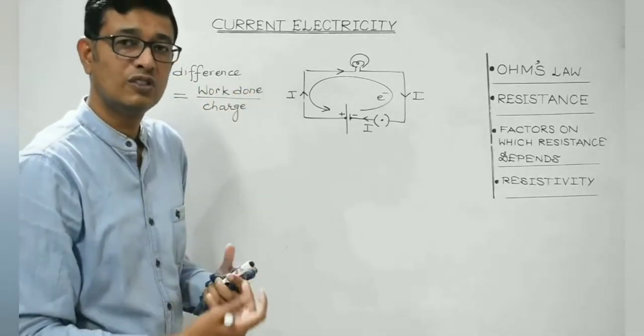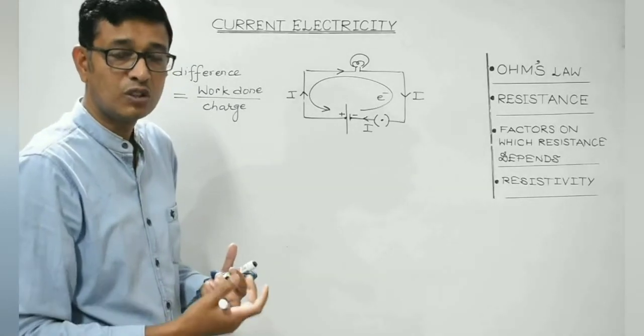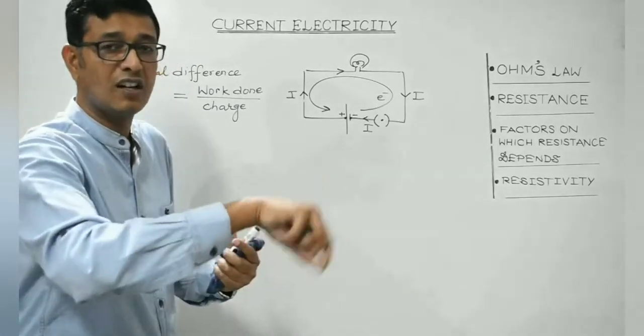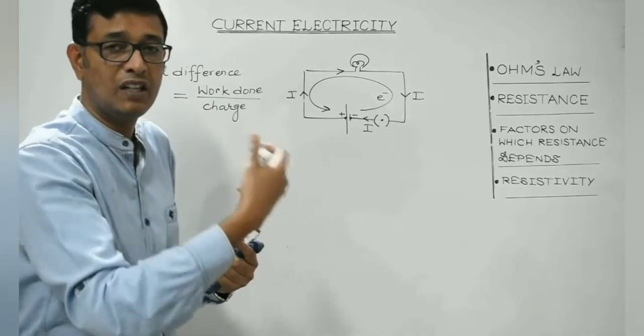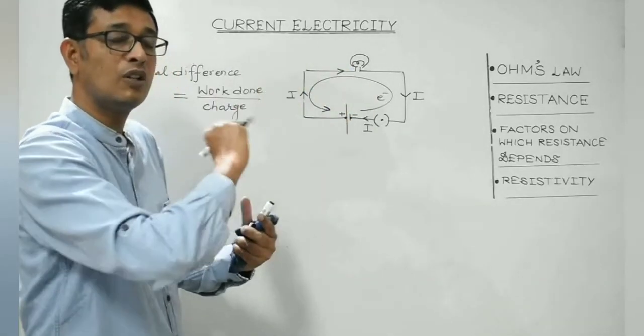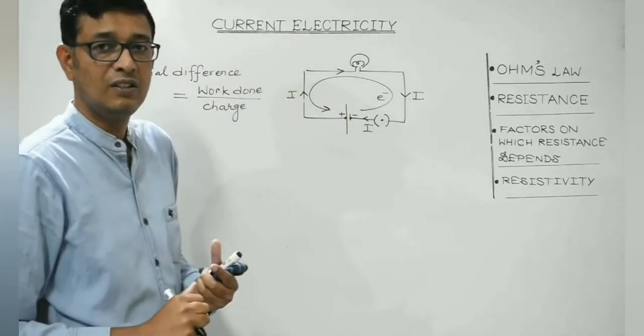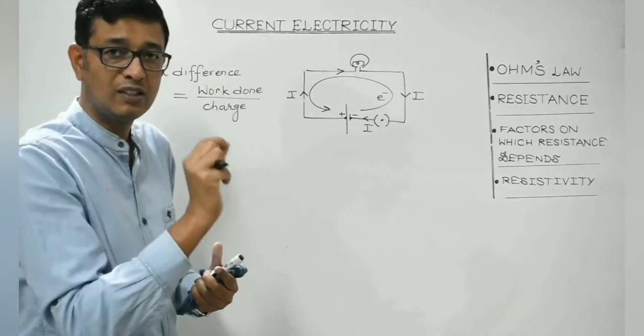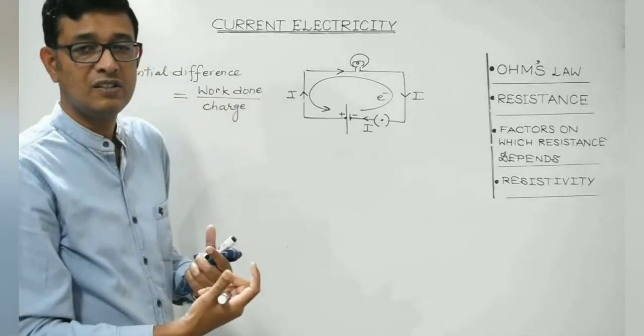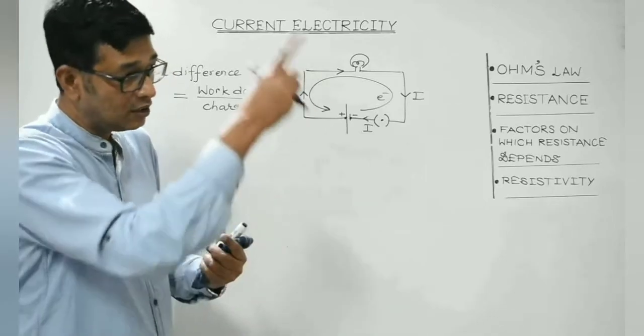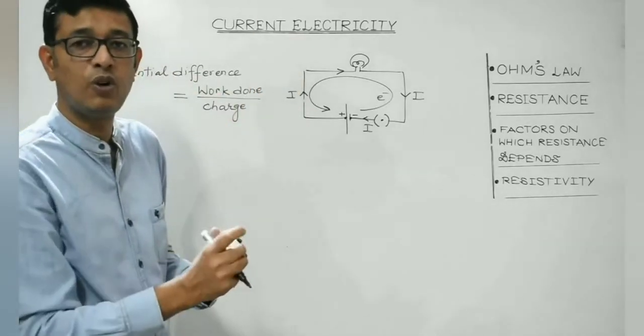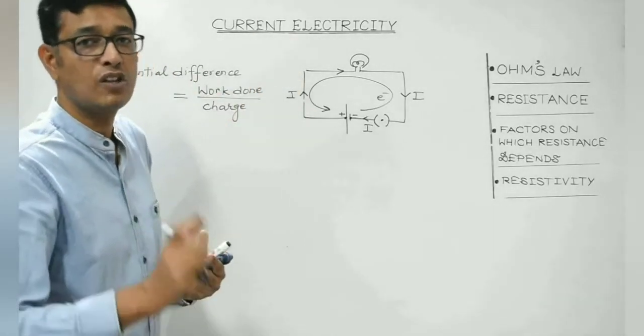The source. The source performs some work in driving the charge so as to enable it to move from one point to another point so as to complete the circuit. So that work done by the source per unit charge between any two given points is known as potential difference.